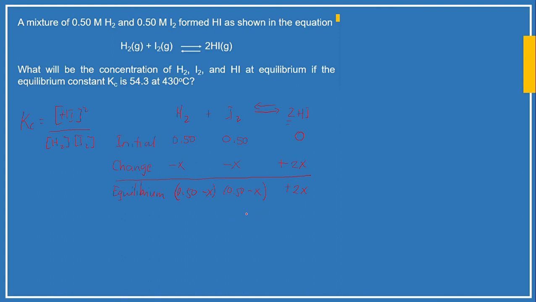So, to solve for this one, i-plug in na natin itong mga values na ito dito sa ating Kc or equilibrium constant expression. So, ang Kc natin nga pala given na, so it's 54.3 is equal to, ang product natin ay 2x. Pero base sa ating Kc, it's squared. So, square natin siya.